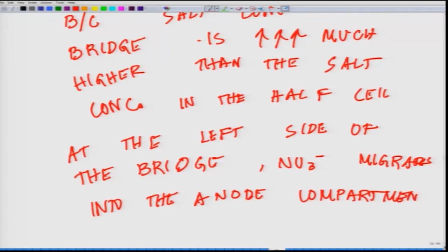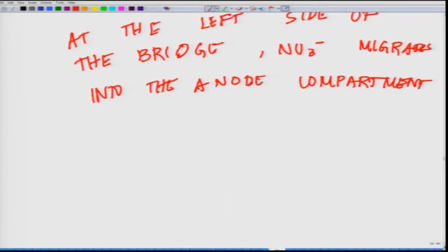We have already mentioned it, I am just putting it down, into the anode compartment.